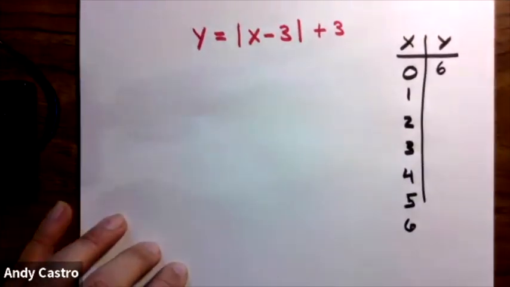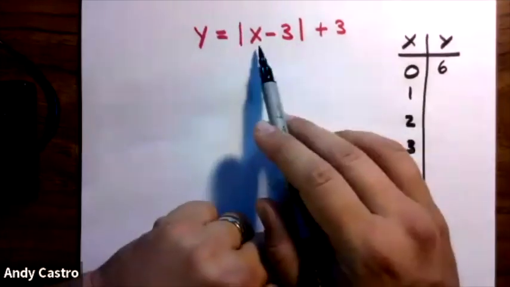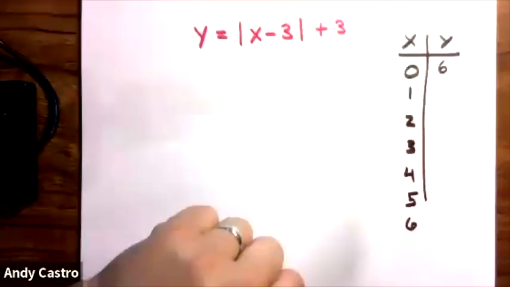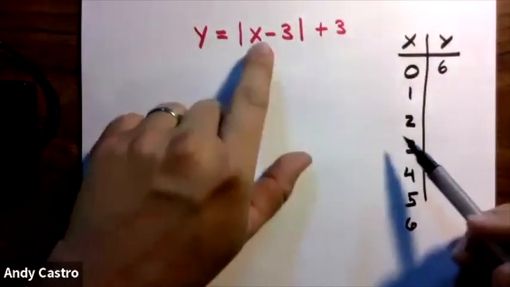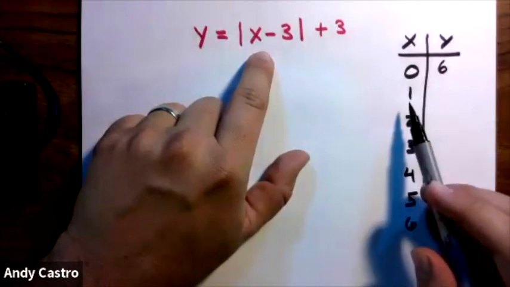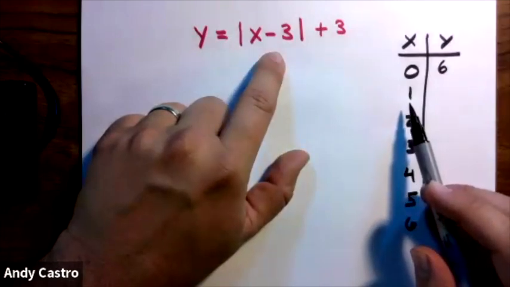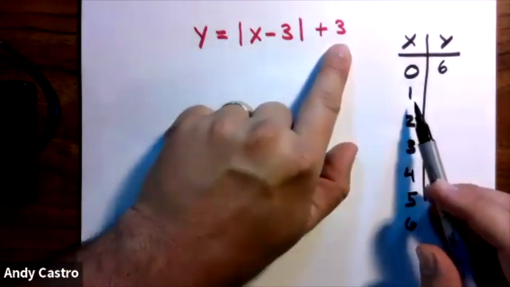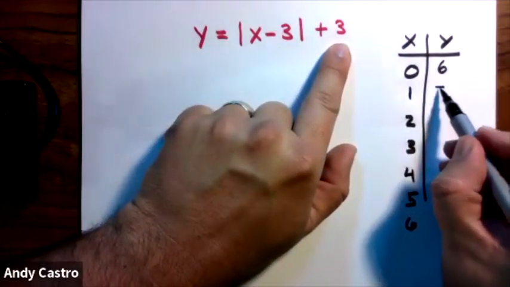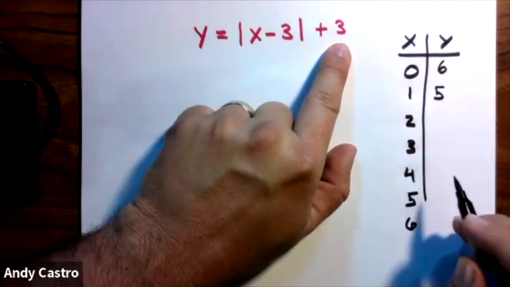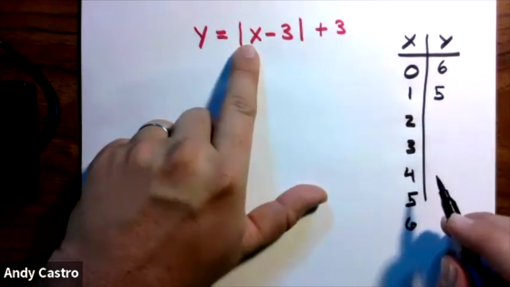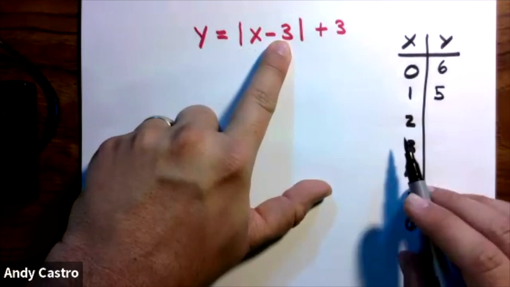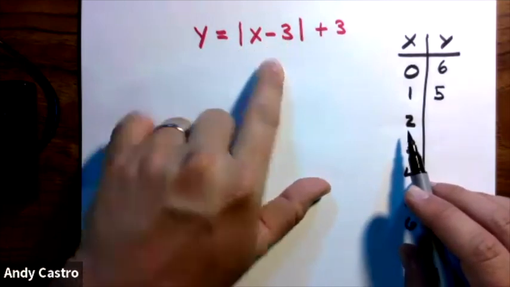If I plug in 1, 1 minus 3 is -2. The absolute value of -2 is +2. Plus 3 would give me 5. If I plug in 2, 2 minus 3 is -1.